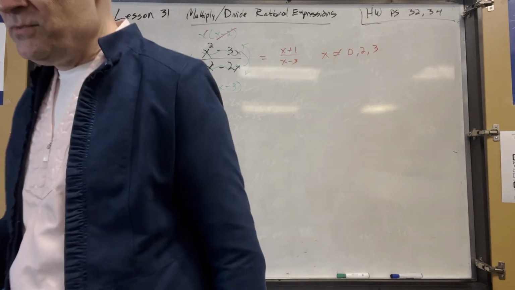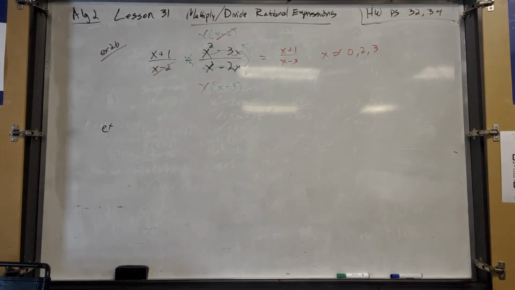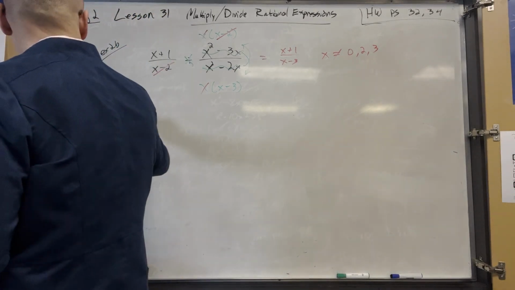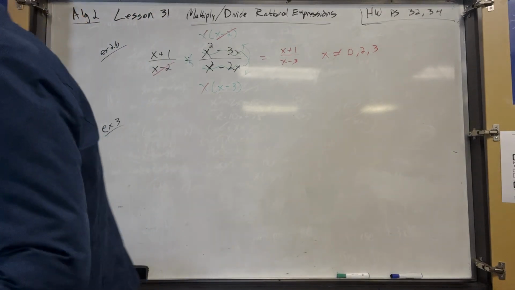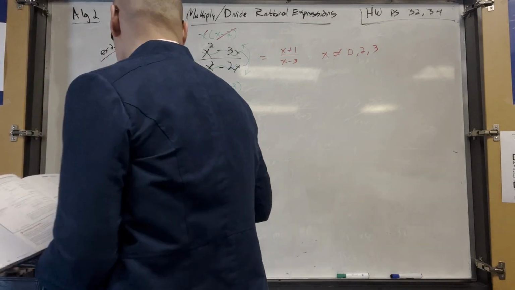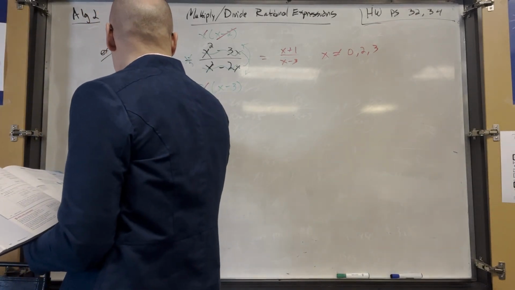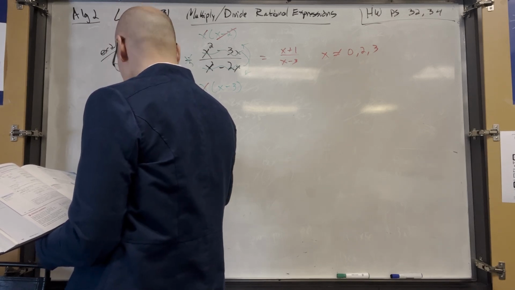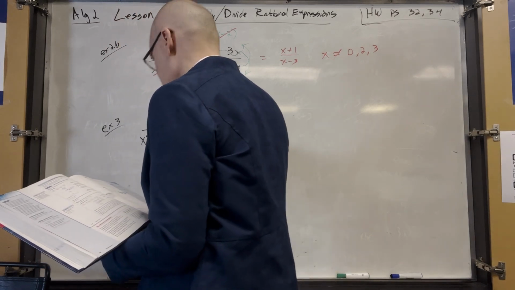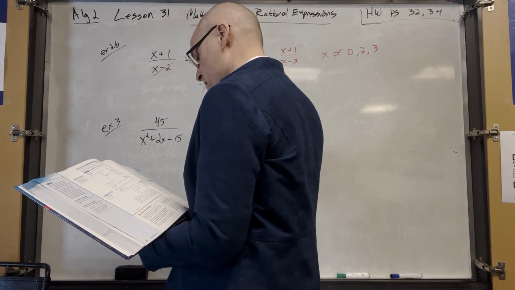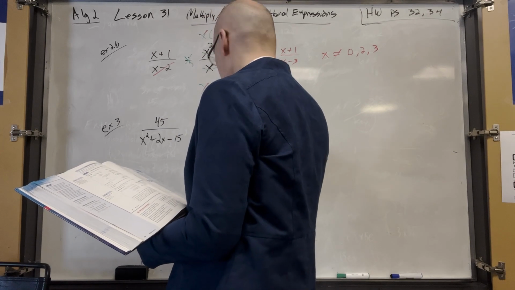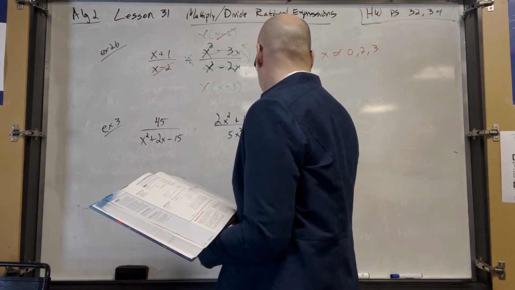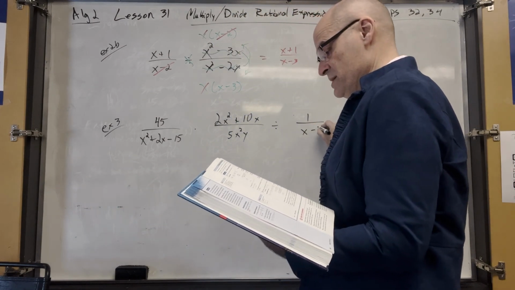Okay, do you guys want to do one more? These are fun. Free problem set? Let's do it. Before you say go, write the whole thing down. 45 over x squared plus 2x minus 15, times 2x squared plus 10x over 5x squared y, divided by 1 over x minus 3.